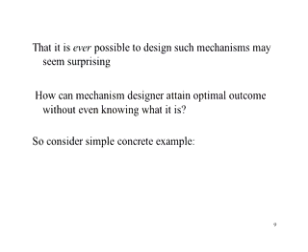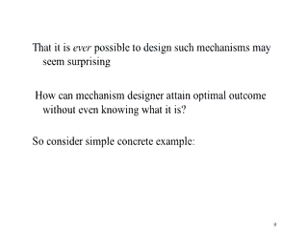But first, let me point out that at this point it may seem at least mildly surprising that it's ever possible to design such mechanisms, because after all, it entails the mechanism designer attaining an optimal outcome when the designer himself doesn't even know what that outcome is, at least not at first. So that's why I think it'd be helpful to go through a little example.